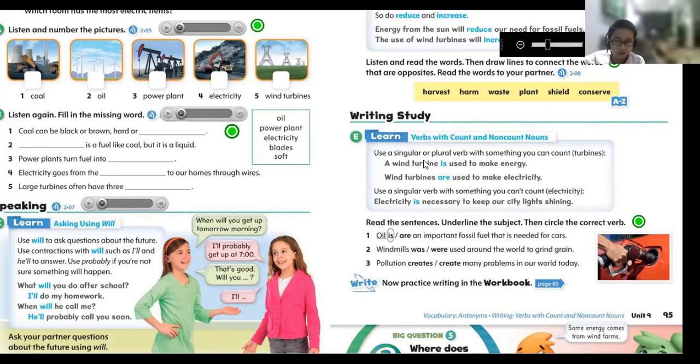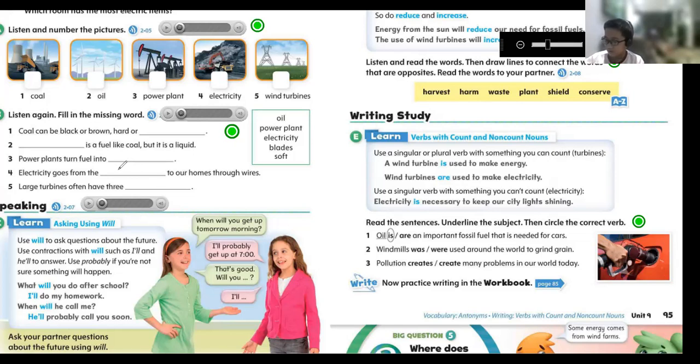Use a singular or plural verb with something you can count. Again, when we say something that you can count, for example, I can see 3 apples, I can see 10 mangoes. You can count them. But non-countable nouns, for example, hair.